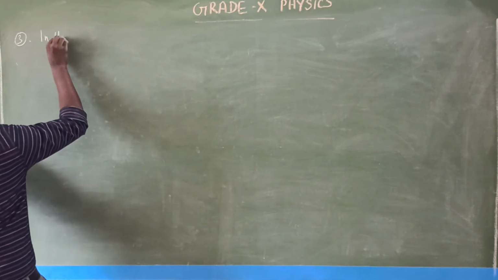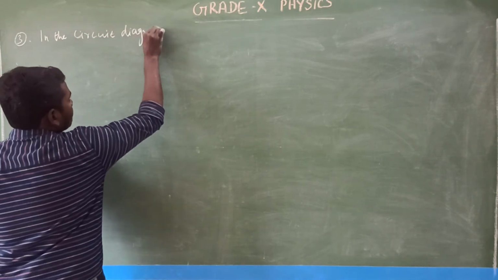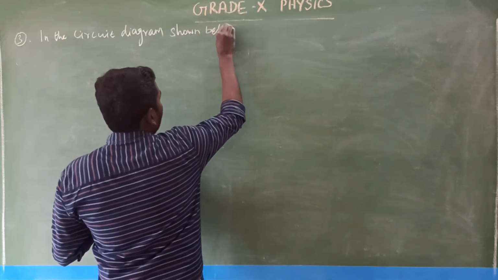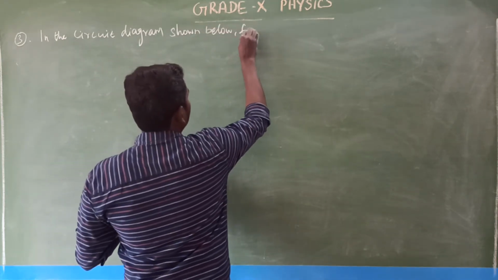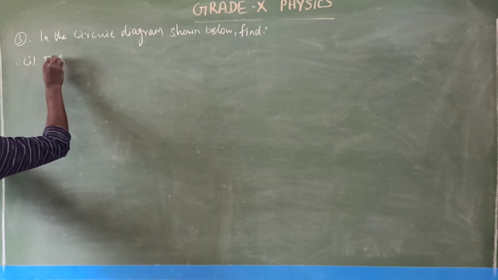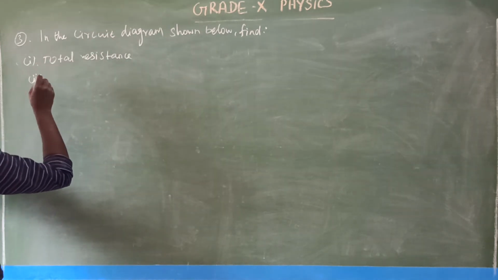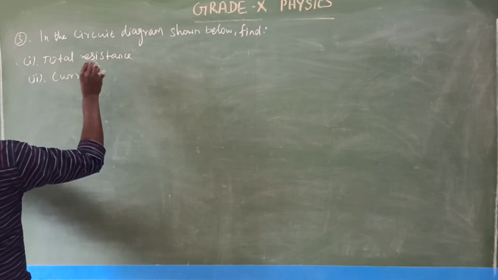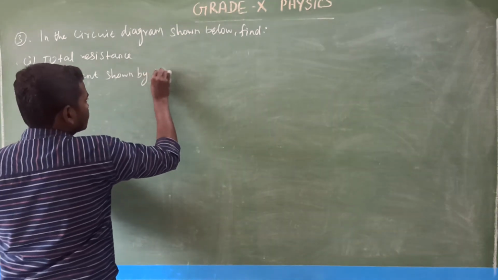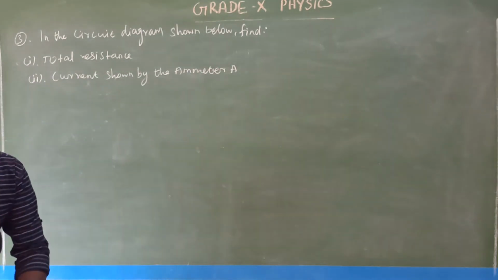So in the circuit diagram shown below, find, which means calculate, first the total resistance, and second the current shown by the ammeter A. Okay, students, listen here.